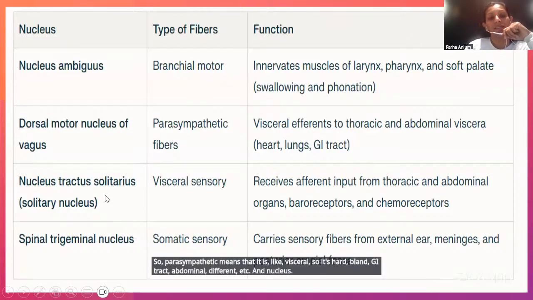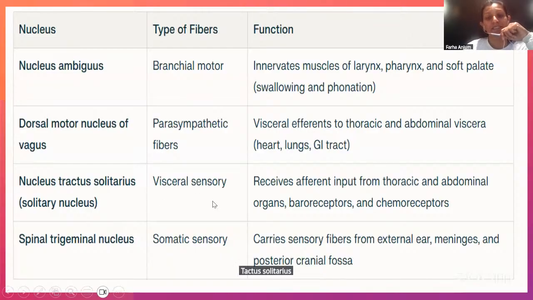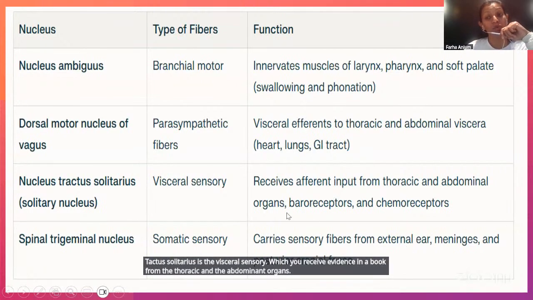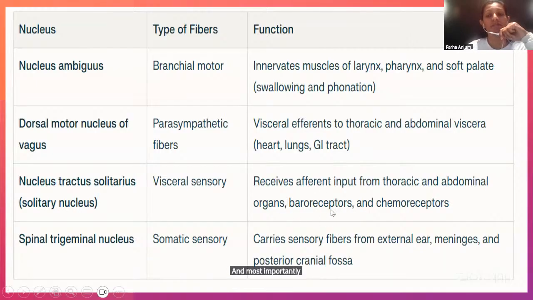Nucleus tractus solitarius is the visceral sensory nucleus which receives afferent input from the thoracic and abdominal organs. Most importantly, here are the baroreceptors and the chemoreceptors. That's why the vagus nerve is very important for us.